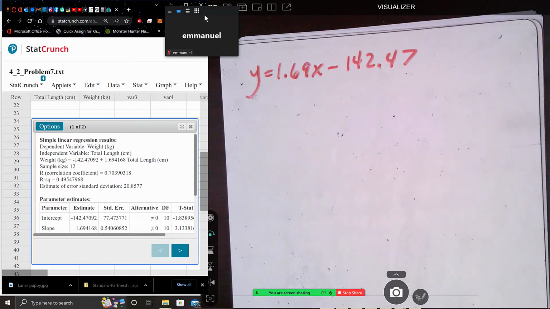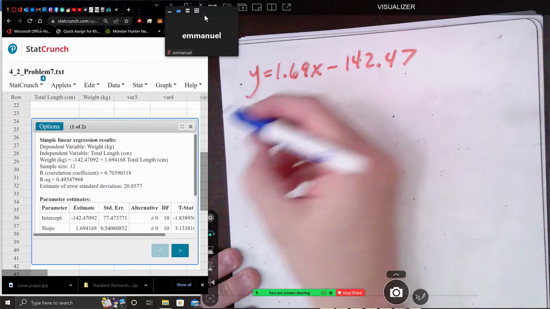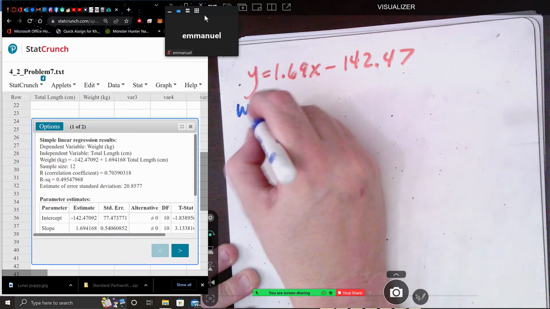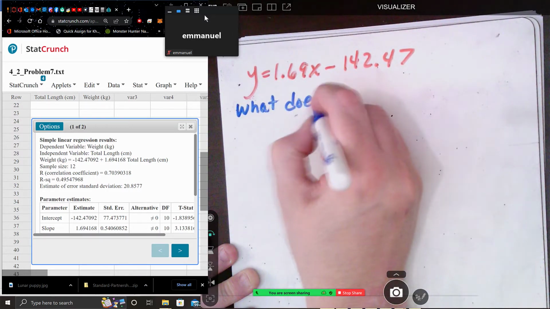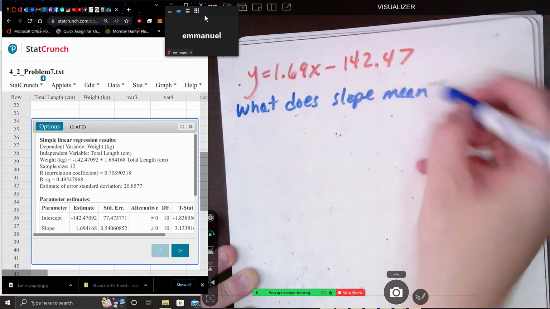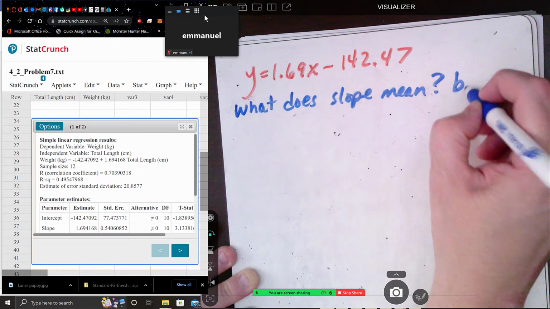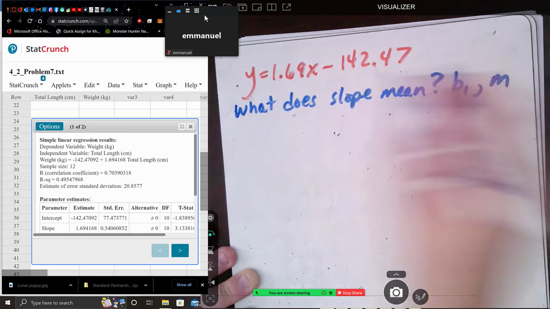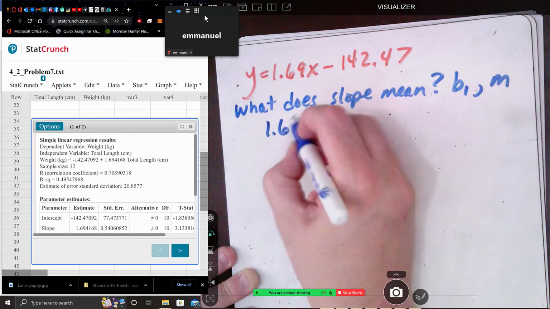So they will ask you things like this. What does the slope mean? They might call it B1 or it's the M. Either way, it's the 1.69.